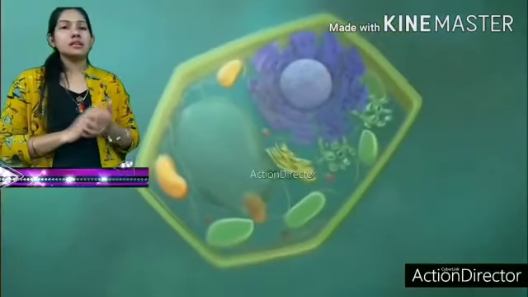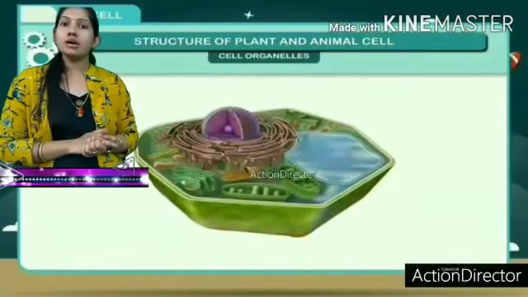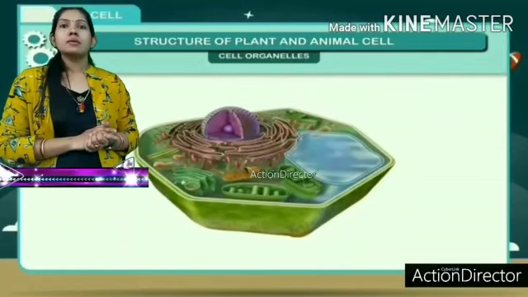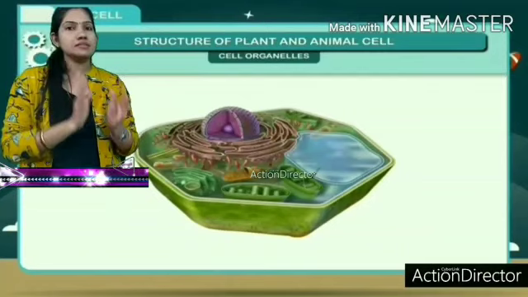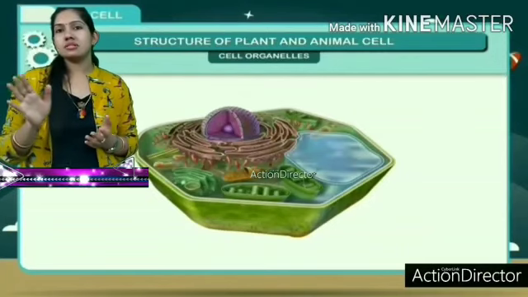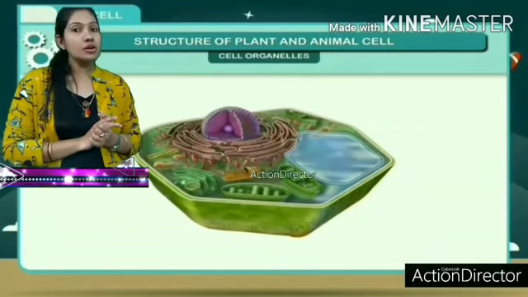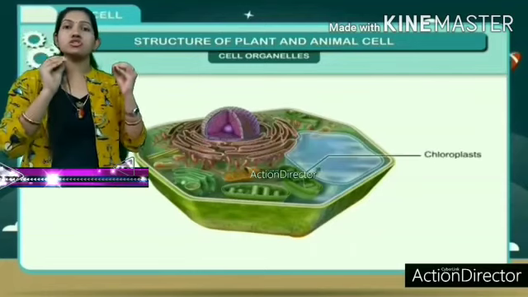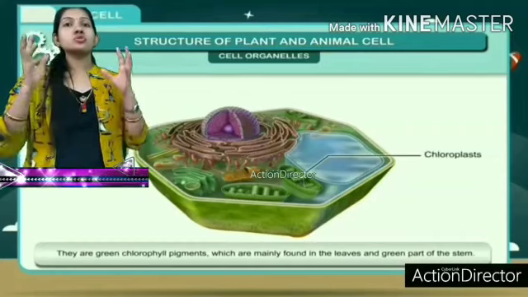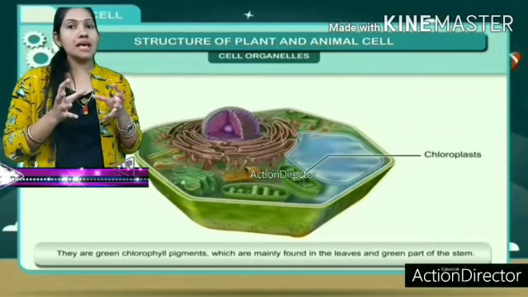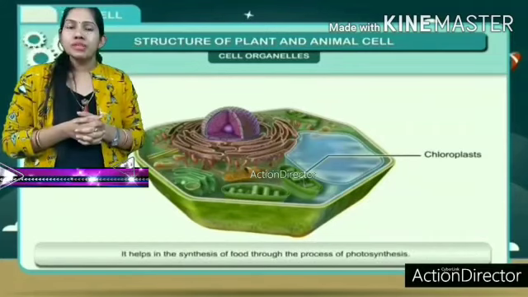The next cell organelle we can talk about is the plastids. Plastids are present only in plant cells, not in animal cells. Plastid is a cell organelle which is the main constituent of the plant, and its main function is also to store.